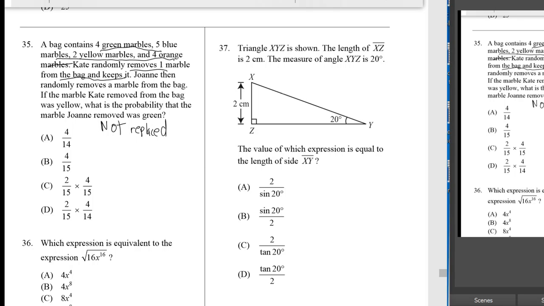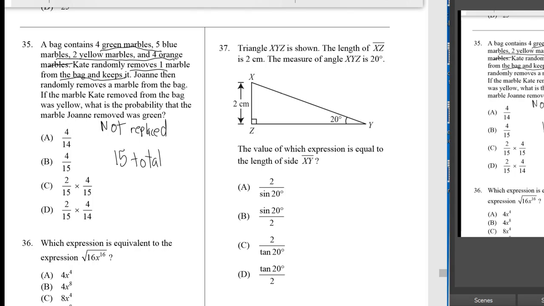If the marble Kate removed from the bag was yellow, what is the probability that the marble Joanne removed was green? First I have to see how many total marbles there are. 4 plus 5 is 9, 11, 15 total.